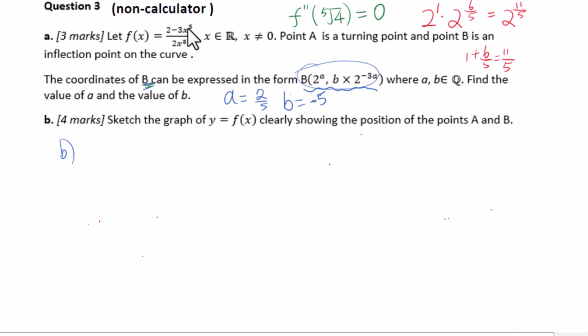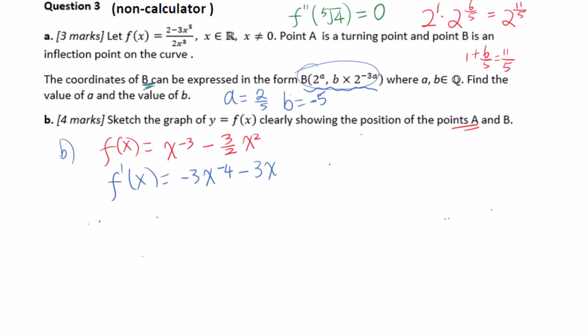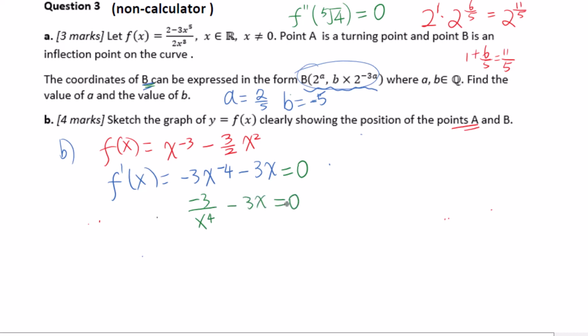Let's go to part b. Sketch the graph for y equals f of x, clearly showing the position of points A and B. We will set this equal to 0: negative 3 over x to the fourth power minus 3x equals 0.